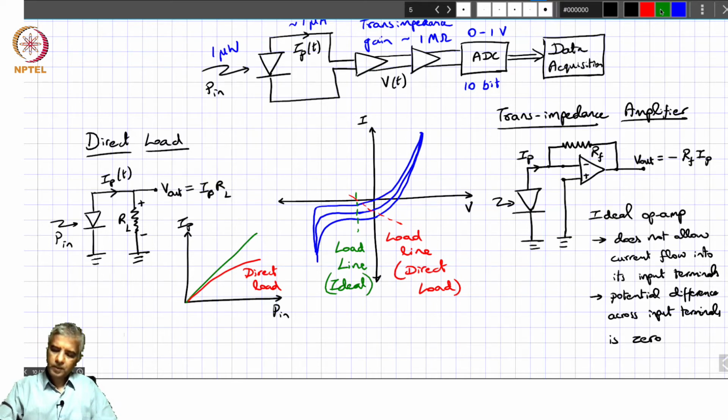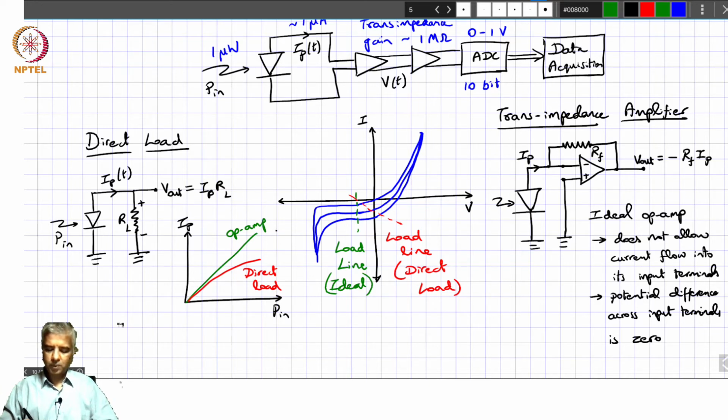So effectively, the load line for a transimpedance amplifier is going to be closer to this ideal condition. An op amp would essentially behave like this in terms of the current that's extracted for the amount of power that's incident on the photodiode.